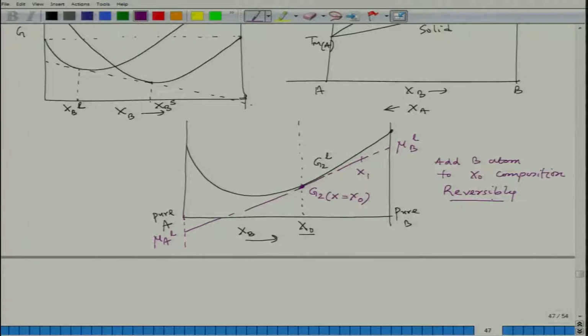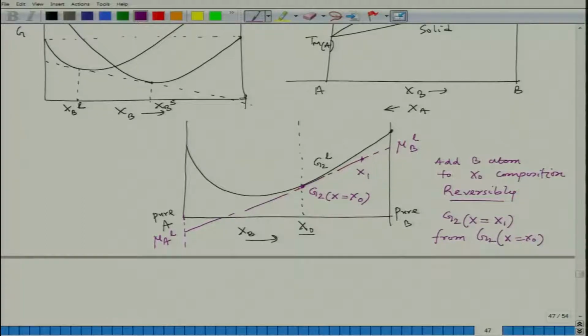That way we can follow this line, and if I reach x1, then my composition would be x equal to x1 from G2 at x equal to x0.